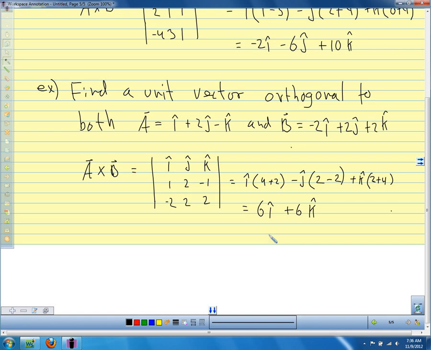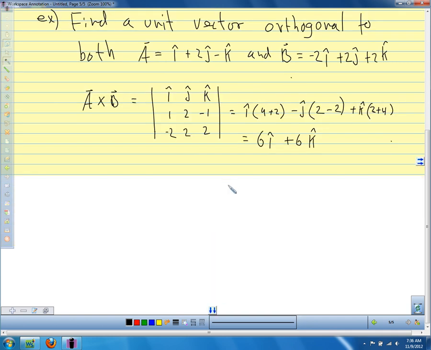And the magnitude, we wanted a unit vector. The magnitude of A cross B is the square root of 2 times 36, which is 6 square root 2.